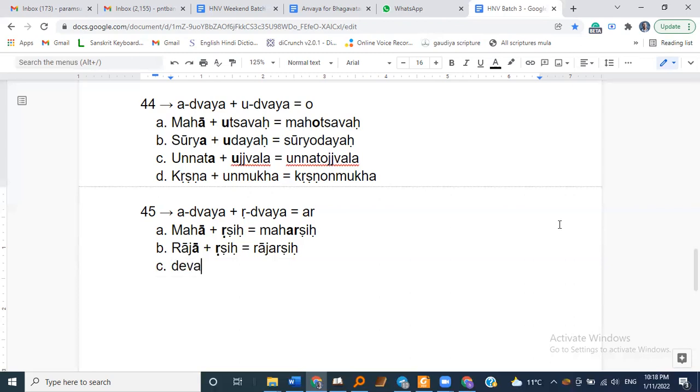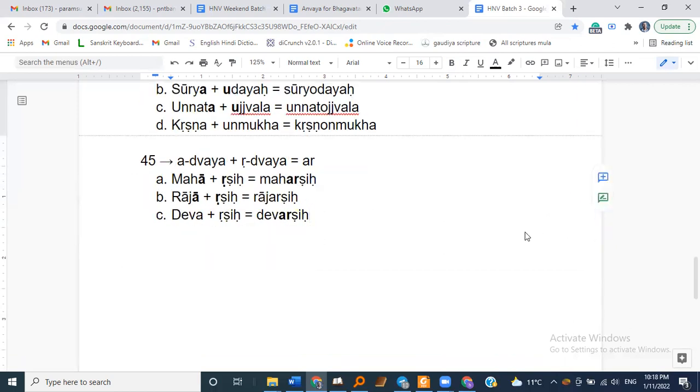Same here, Deva Yukta Rishi turns into Devarshi, ityadi.